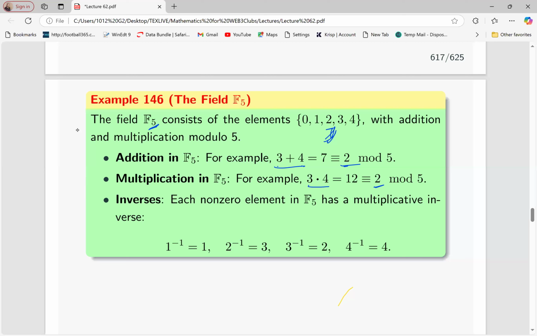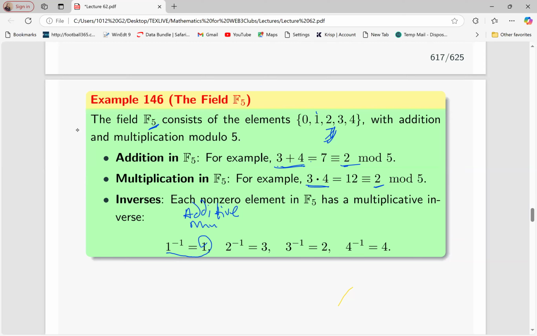So you consider the same elements, both operations, addition, then multiplication. What about inverses? Check whether every element has an additive inverse and at the same time a multiplicative inverse. Of course, it's easy. The multiplicative inverse of 1 will be 1.